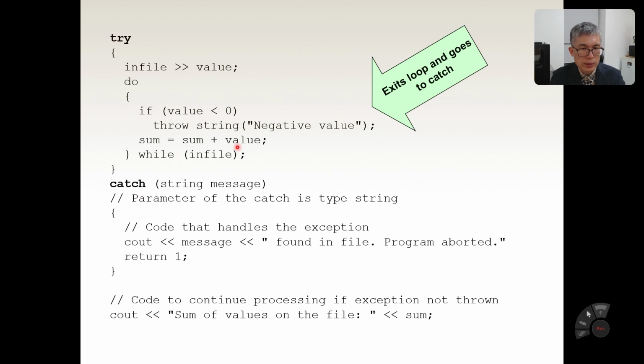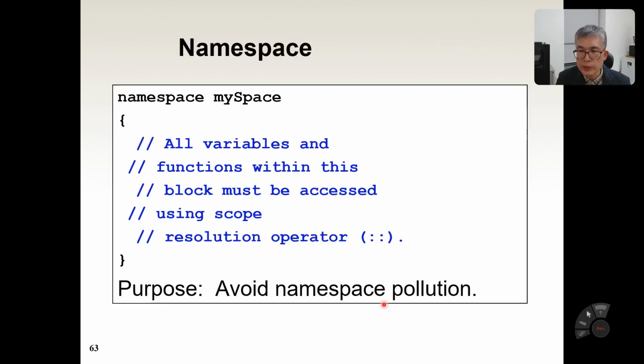Otherwise the sum of values is performed until the input file has no more content, and otherwise the catch string message is printed out. And this is called continue processing if the exception is not thrown. If throw is not performed, it just skips catch, and the sum of values in the file is printed out.